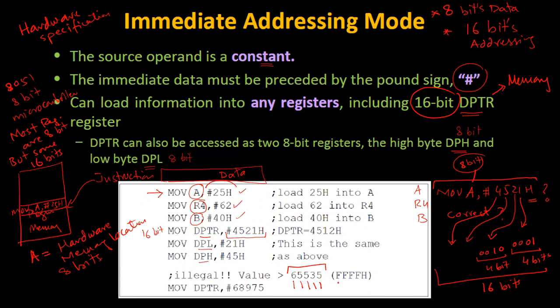Okay, so this is 16 bits. Full 16 bits, 65535. So the maximum value is this one. But अगर इसको आप इससे एक्सीड कर देंगे तो अगेन इट विल बिकम इलीगल.